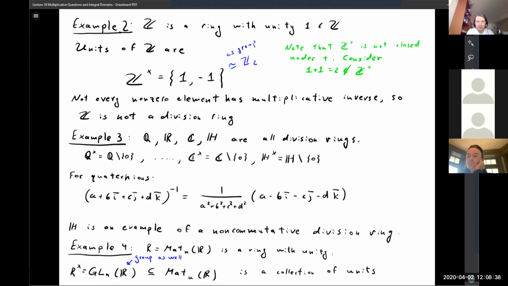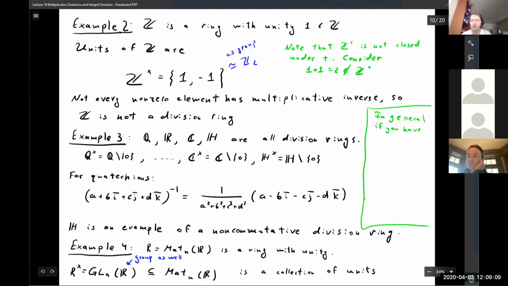Suppose you have a non-zero unital ring R. Then you can take 1 and you can add -1.